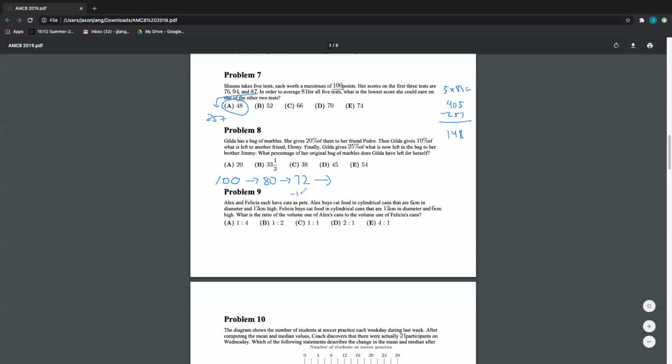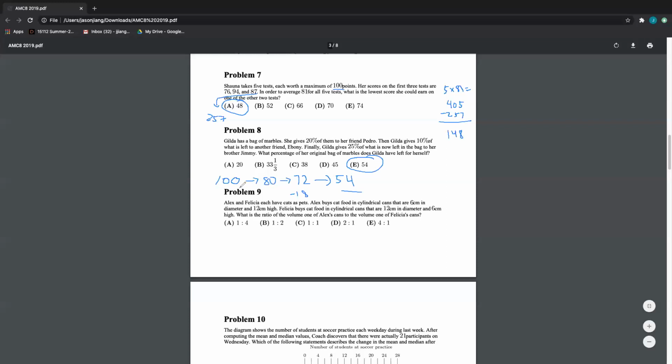So we subtract 18 and we get 54. So she has 54 for herself. Because we ended with 54 marbles, what percentage is 54 of 100? Well, it's just 54, because we started with 100 to make our life easy.